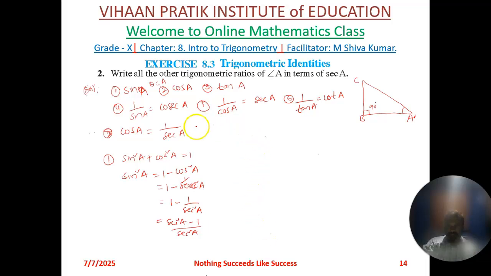Now we want sine, so we need to remove this square. We should apply square root on both sides.